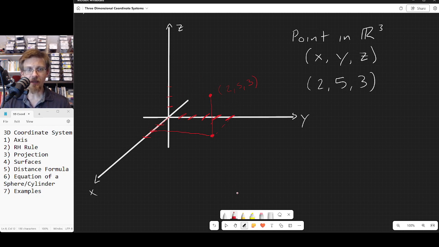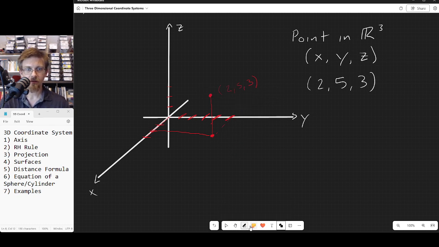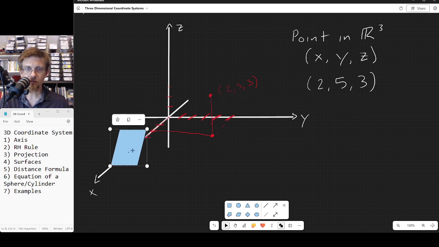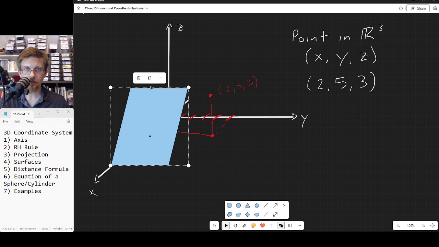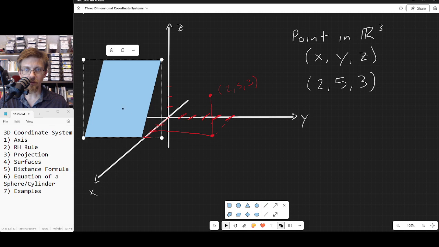All right, so now we can imagine that if we had a coordinate plane, maybe I don't want a square here. Let's see if we can do a rhombus. Okay, so we've got this rhombus here, and it may not do what we want it to do. That's okay.